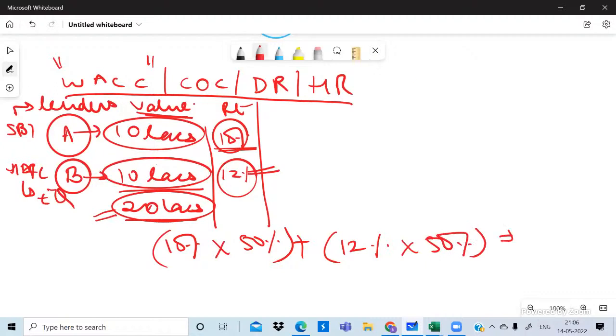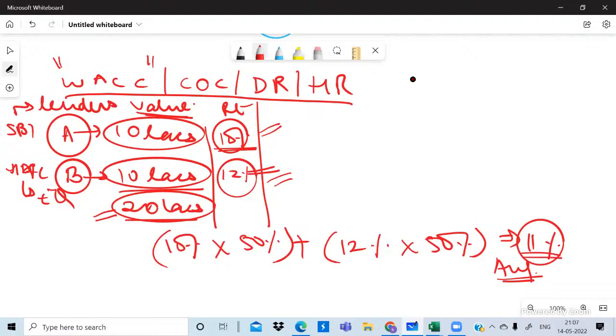So you'll get your weighted average cost of capital as 11%, which means on an average, anyone who is investing money in my business wants 11% return on an average. Some people want 10, some people want 12, but on an average, they want 11% return.